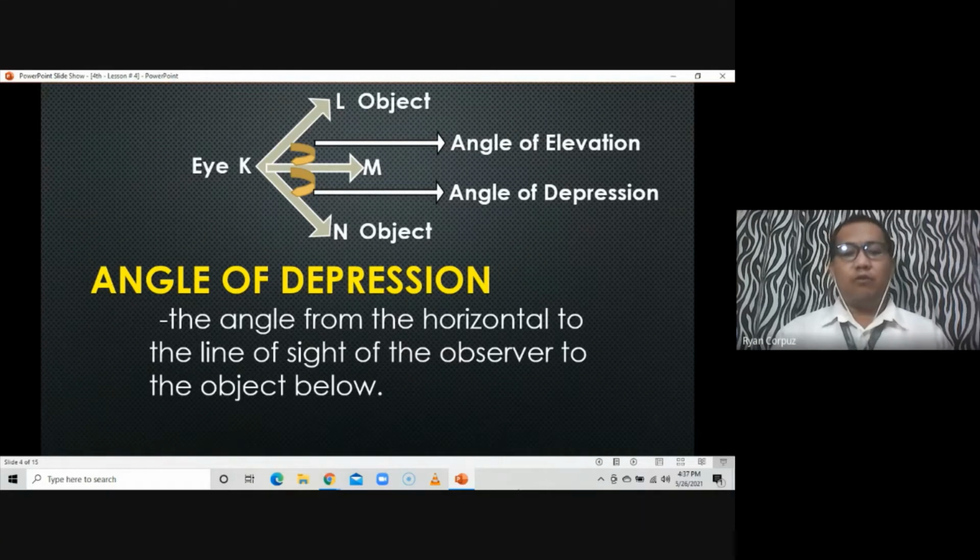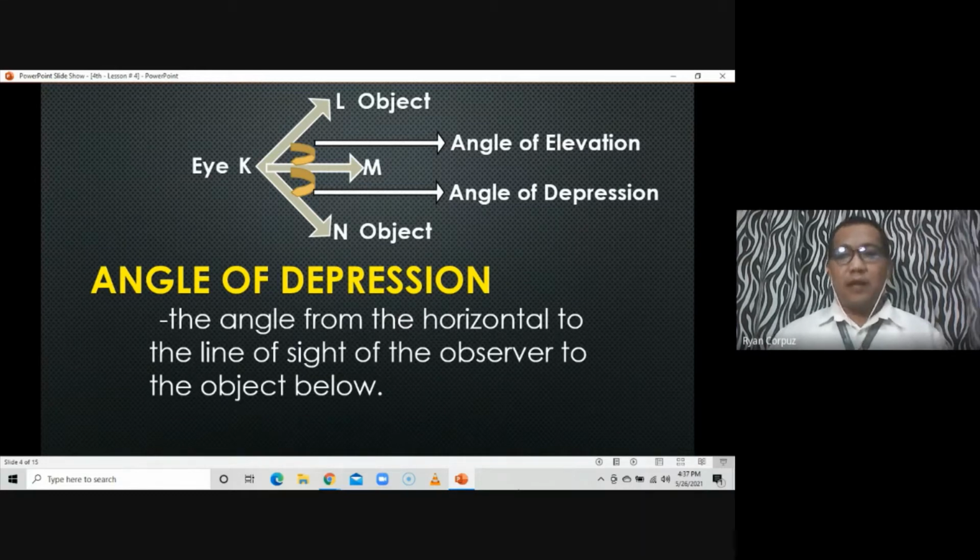You can also form angle of elevation depending on what you are looking for. It's either you are looking above you or you are looking below you. So if you are looking for an object above you together with the horizontal, you will form angle of elevation. But if you are looking for an object below you, from the horizontal, you will form angle of depression.